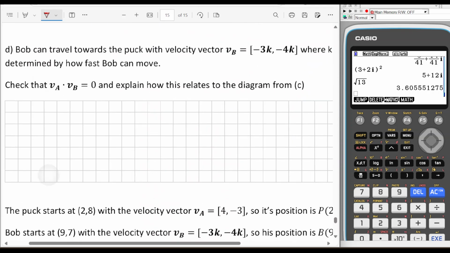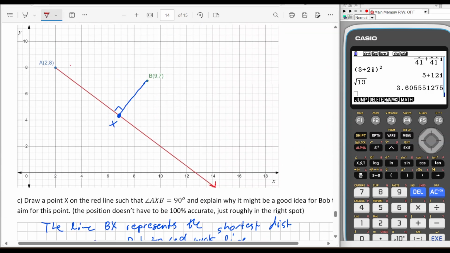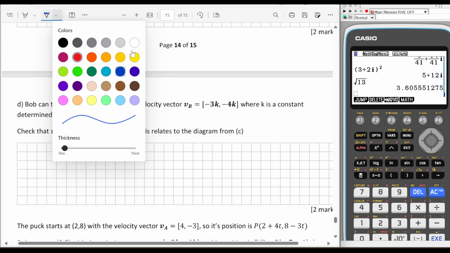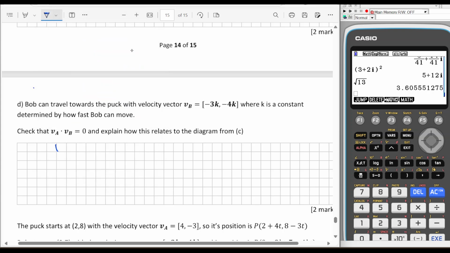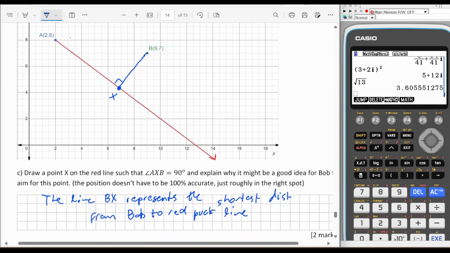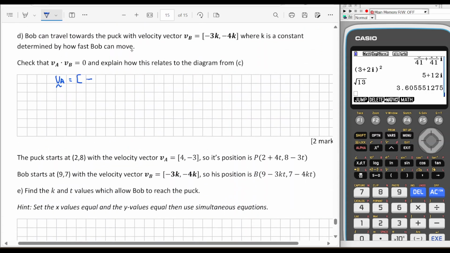But what we want to do is verify that this is actually going to give us a right angle. So essentially check that VA dot VB equals 0. Just as a reminder, VA was from the last bit, all the way up here. Where was it? 4, minus 3. Very start of the question. And this is common in exams. You've got to watch out for part A coming back heaps later on in the question.